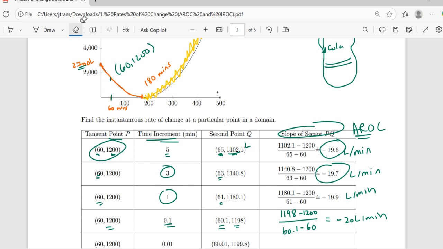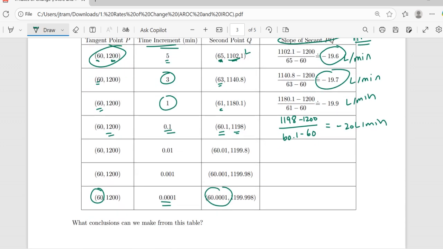What we're looking at is 60 minutes and 60.01, which is right beside it. It's practically overlapping, so we're using those two dots. If I try to draw a line now, this secant line is a good approximation of a tangent line, because unless you really zoom in, this looks like a tangent line at 60 minutes.